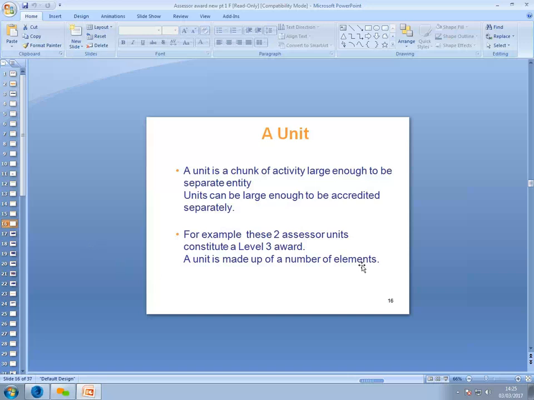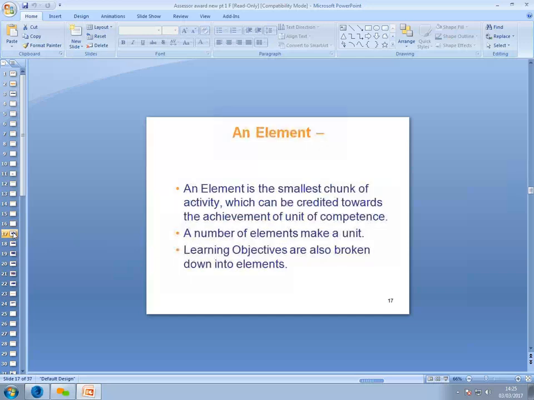A unit is made up of a number of elements. An element is the smallest chunk of activity that can be credited towards the achievement of a unit of competence. A number of elements make a unit. You will see some of them in terms of learning objectives are then broken down. You might have 3, 4, 5 learning objectives.